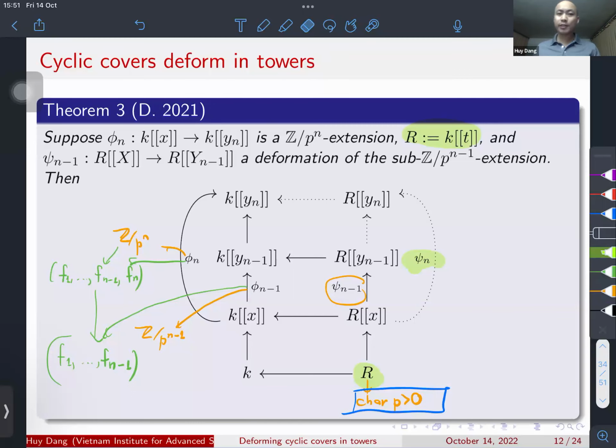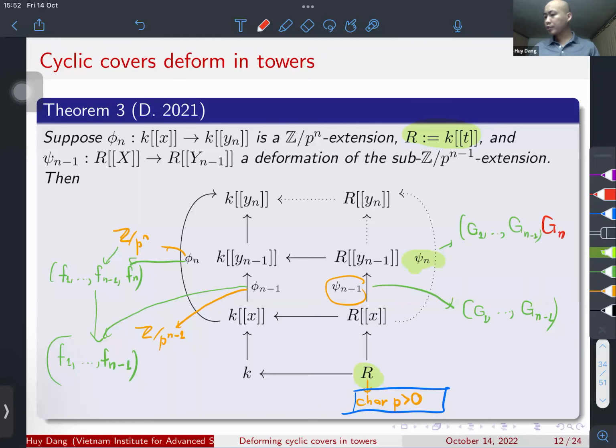Now if you go to the vertical arrows on the right, the psi n minus 1 here, again, you can associate with another Witt vector of length n minus 1. So it all comes down to psi n having the form g1 up to gn minus 1 and finally gn.